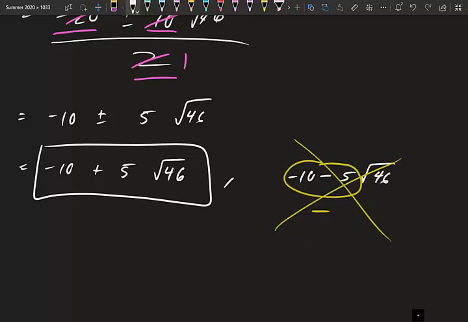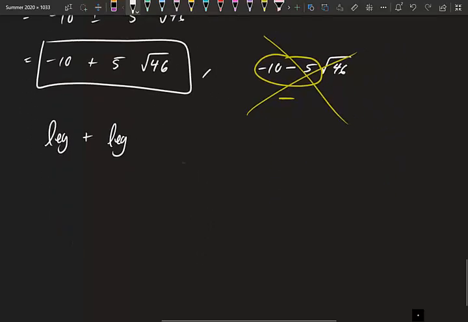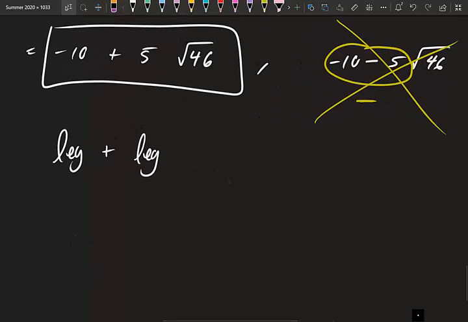So now we need to plug it back into the legs. So we want to do leg plus leg, and then figure out how much distance they're saving. So negative 10 plus 5 square root of 46 is approximately 24 feet.